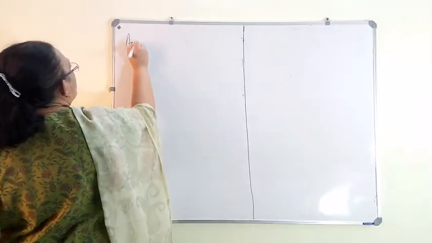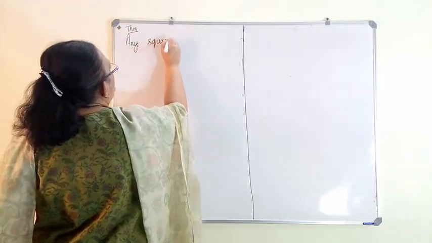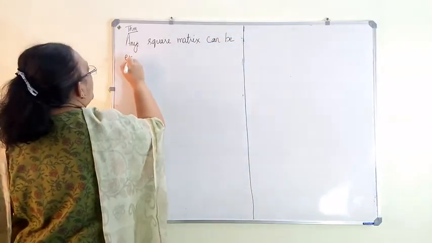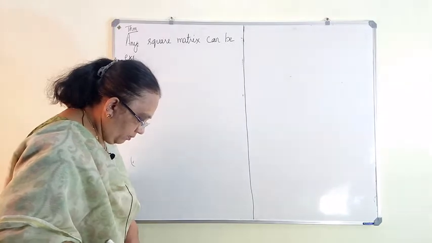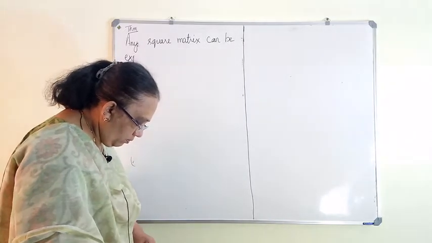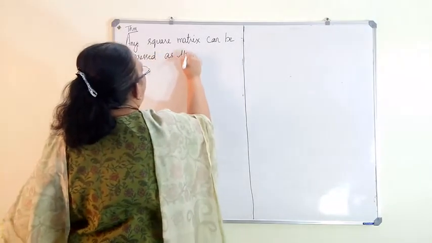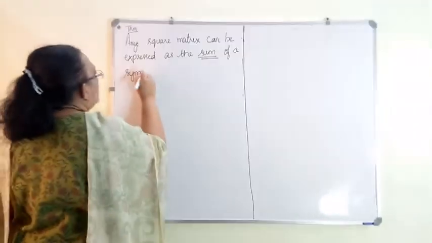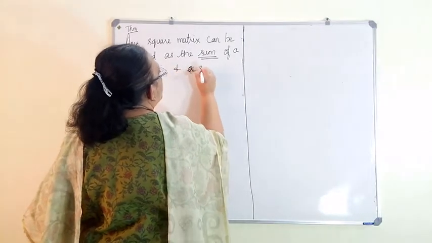Any square matrix can be expressed as the sum of a symmetric matrix and a skew symmetric matrix.